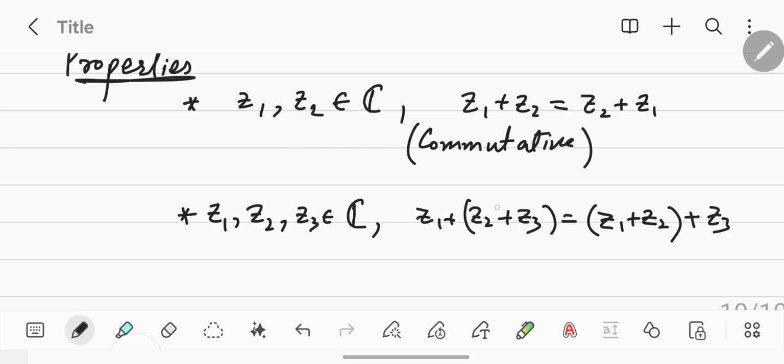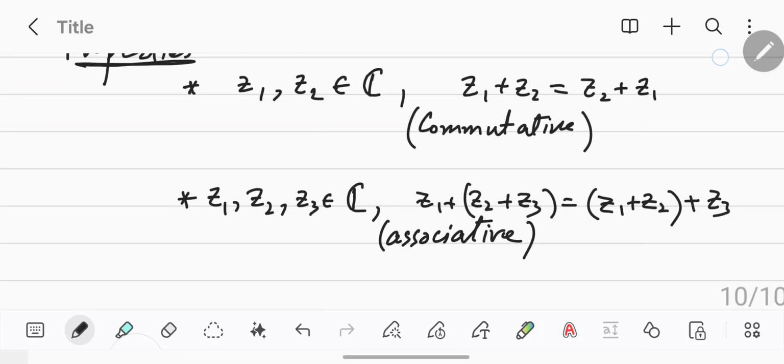What does that mean? Here you have added z2 and z3 first, and then you added z1. But what have you done here? Here you added z1 and z2 first, and then you added z3. So either you add any two numbers first, and then you add the third one, you will get the same result. This is called the associative property.